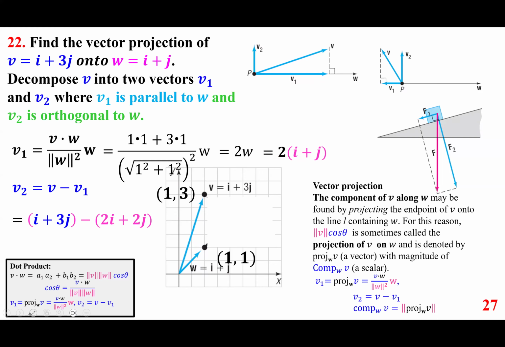Let's just do this. So we are going to write minus 2i minus 2j. These two add up to negative i, and these two, they add up to j. The final answer, therefore, is v sub 2 is negative i plus j. I can't emphasize this enough. I hope everybody is fine with that. So very straightforward. I hope we are fine with that.